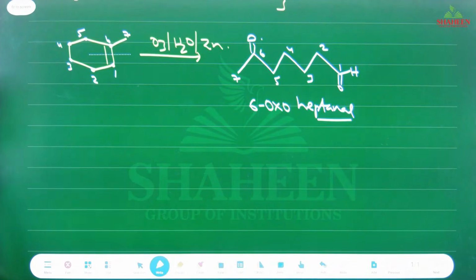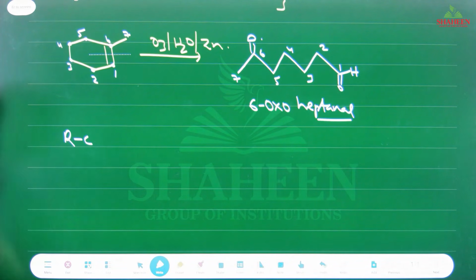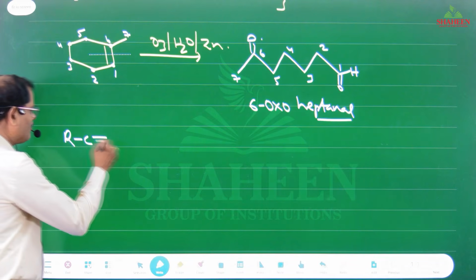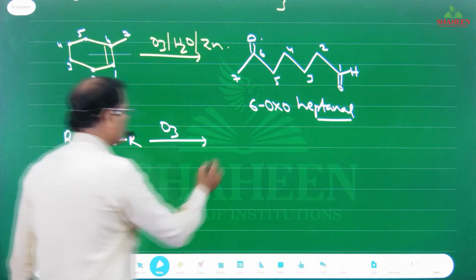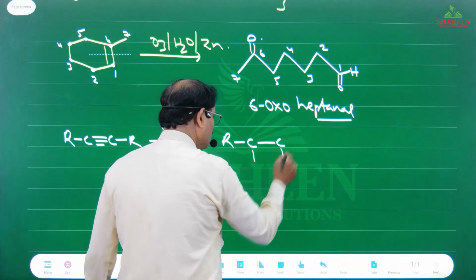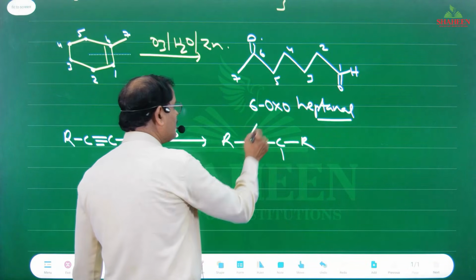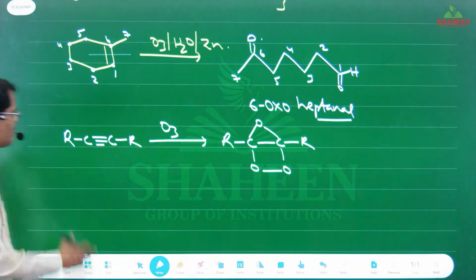Similarly, in this reaction, alkynes also give carbonyl compounds, but diones. They can give 1,2-diones in the presence of ozone. First, they produce the same ozonide, but here the carbon-carbon bond is a triple bond, with 3 bonds between carbon atoms.